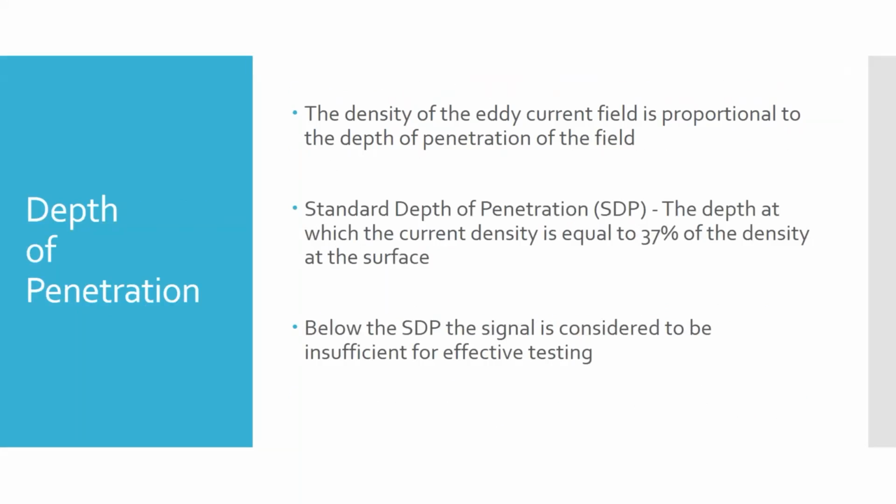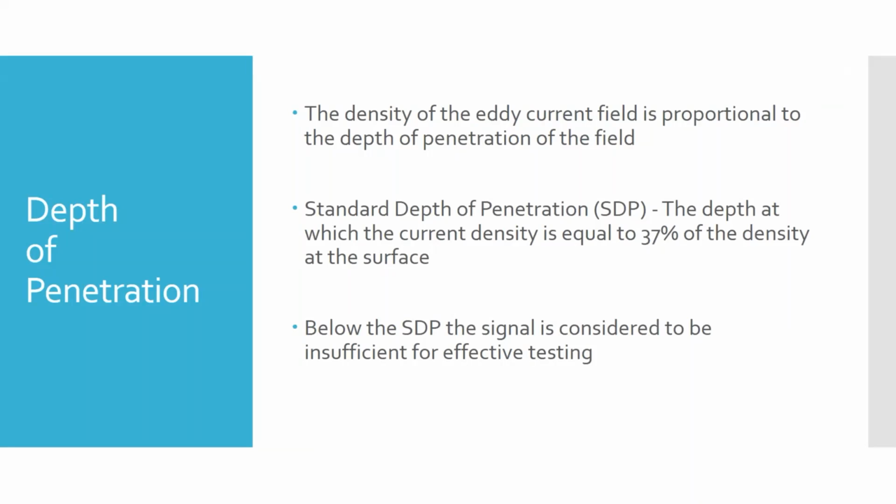There's a point where we say, okay, we're no longer effectively seeing into the part. And that point is where the current density has dropped to 37% of the surface density. Okay, where the strength of the magnetic field that's being caused by those eddy currents drops to 37% of what it is at the very surface of the part.